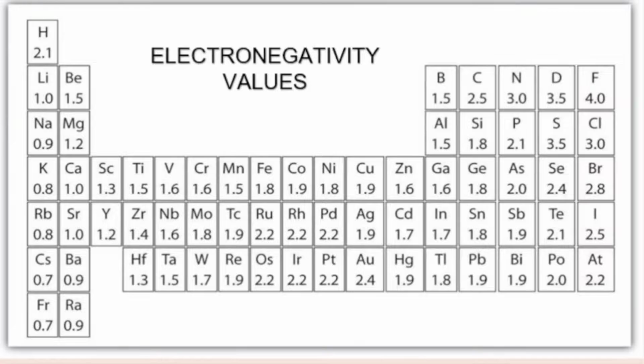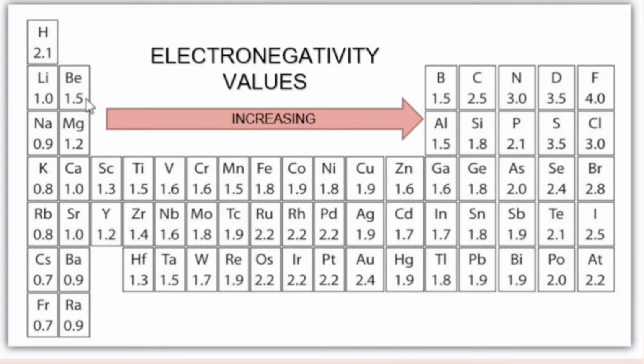Let's look at the electronegativity values of metals and non-metals. What do you observe on the pattern of electronegativity values? Exactly. Non-metals have higher electronegativity values compared to metals. So, it is increasing from left to right.